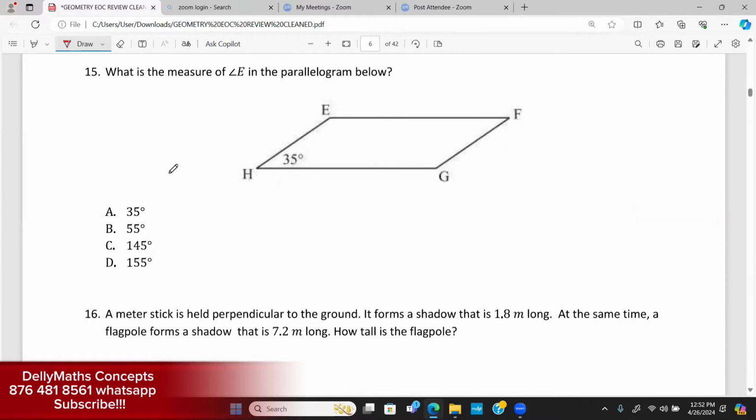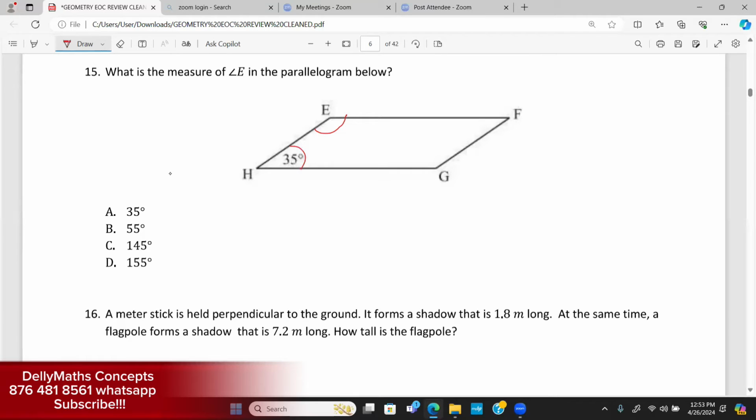Number 15. What is the measure of angle E in the parallelogram? Now, remember that when you have angles on the same side between the parallel lines, they are always going to be supplementary.